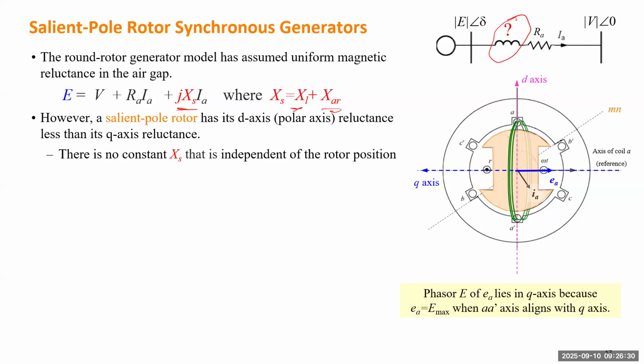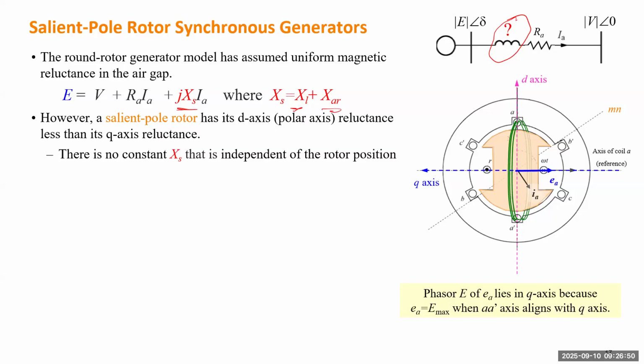Sometimes we'll see the smallest air gap. The smallest air gap happens when the winding A is in parallel with the D axis. But at this moment, the winding A axis is in parallel with the Q axis, so the air gap will become largest. So we can model the reactance in two directions.